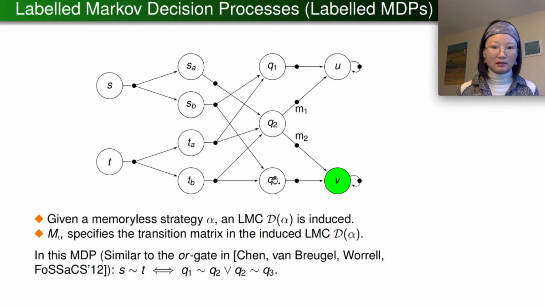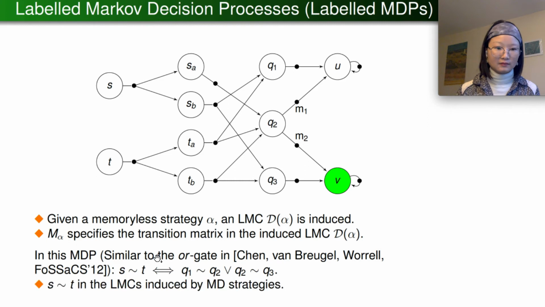So if we are only allowed to use MD strategies in this MDP, for example, we let Q2 choose M1, then Q1 and Q2 only have transitions to U. This makes Q1, Q2 probabilistic bisimilar, which in turn makes S and T probabilistic bisimilar. So S and T will always be probabilistic bisimilar in the LMCs if we are only allowed to use MD strategies in this MDP.